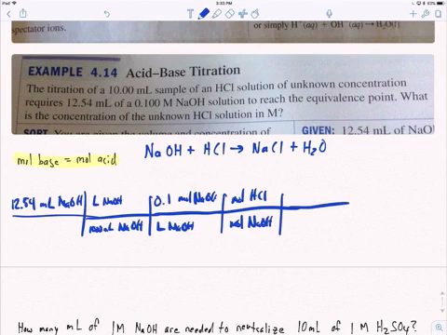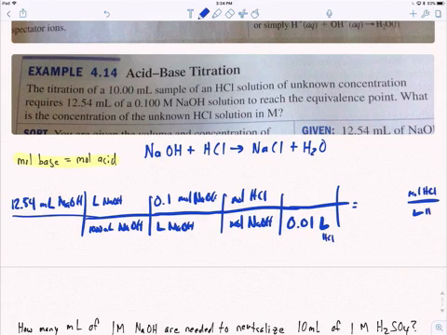And the last step is the volume, 0.01 liters, since 10 milliliters is 0.01 liters. If we do all this, do you see the units all cancel? We'll get moles HCl per liter. That's the concentration right there.